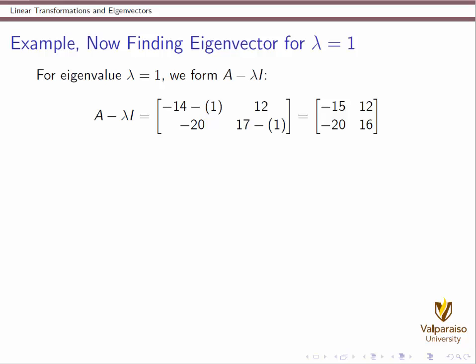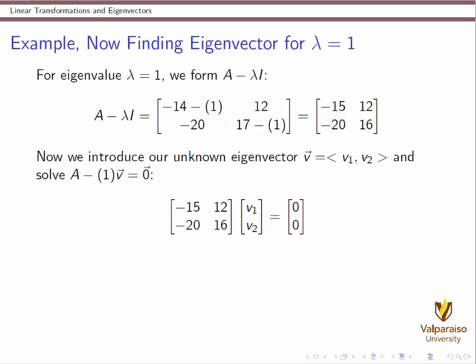We'll start with lambda equals 1. Here we're going to go back to our friend A minus lambda I and put in 1 for lambda. And we'll get this new matrix on the right, the negative 15, 12, negative 20, 16. We're going to construct A minus lambda I times the unknown eigenvector v equals 0. We want this to have a solution that we can find for v1 and v2.